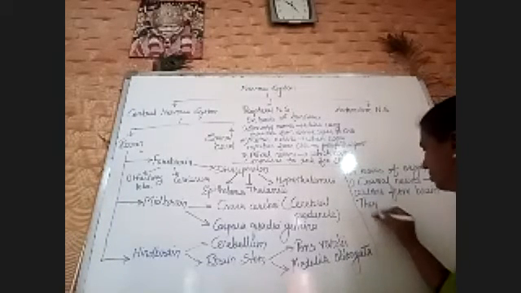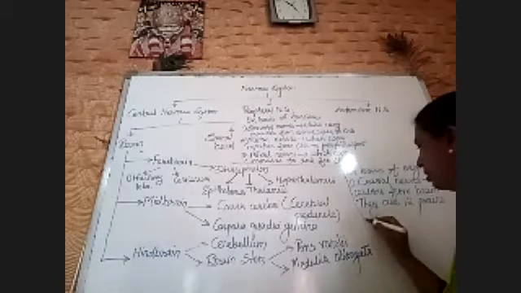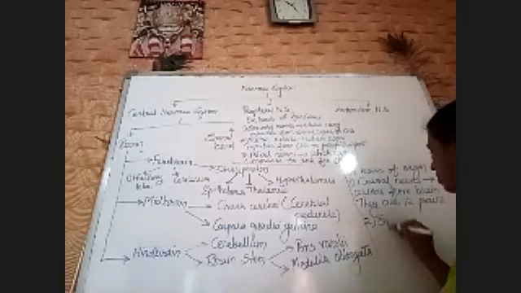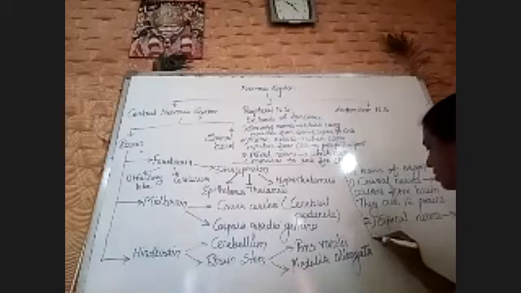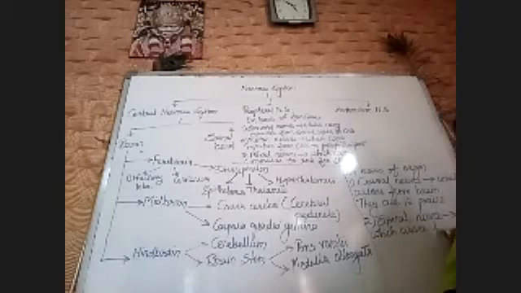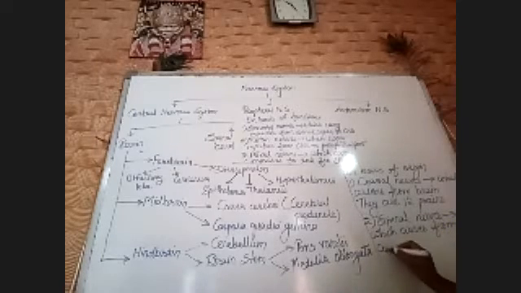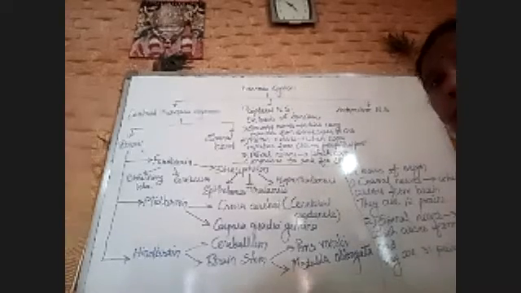They are 12 pairs. And second, spinal nerves, which arise from the spinal cord. Spinal cord से arise होने वाले, they are 31 pairs. Okay, so like this they are categorized.